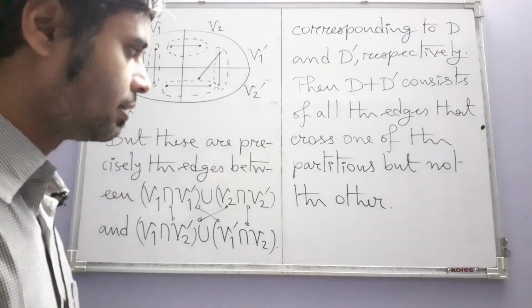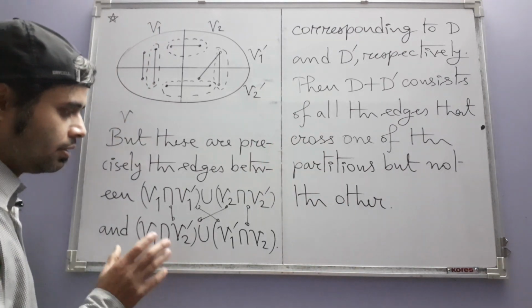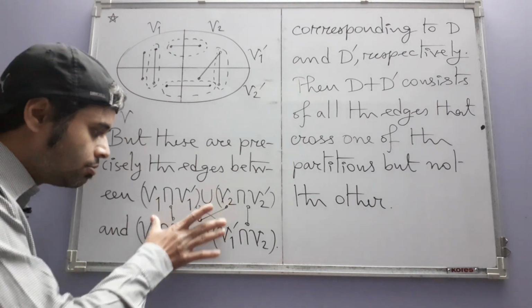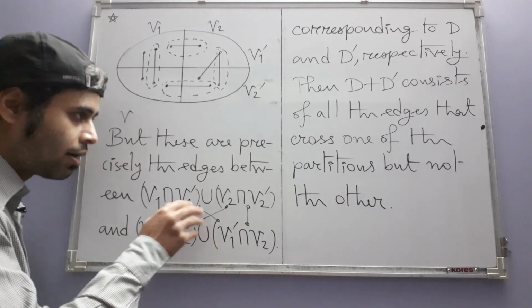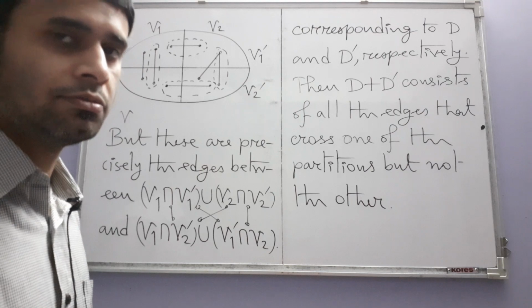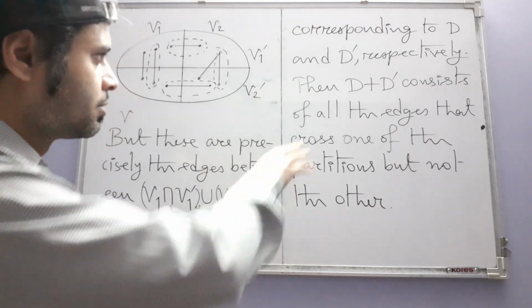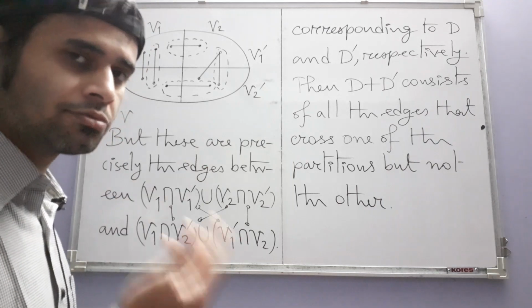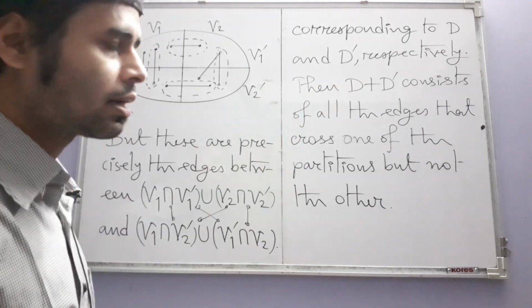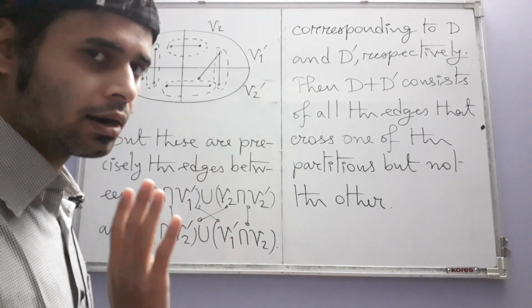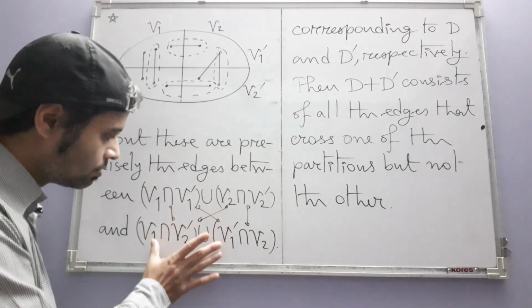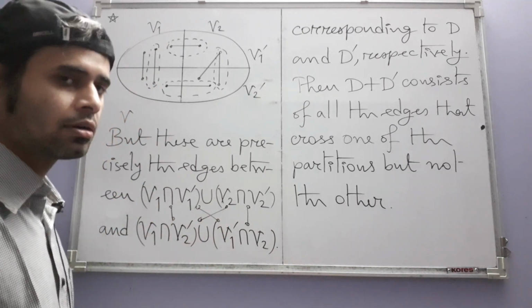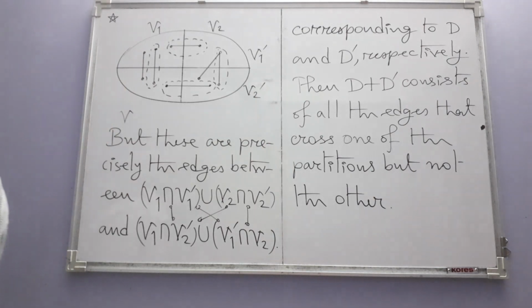Namely, we have to show that these two vertex sets now form a partition of V, because then only the edges in this are crossing a partition of V, and by definition it will then be a cut. So now what we are left to prove is that these two sets form a partition of V. Now we show that.